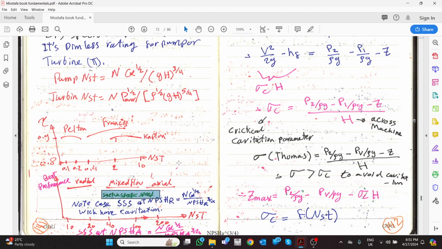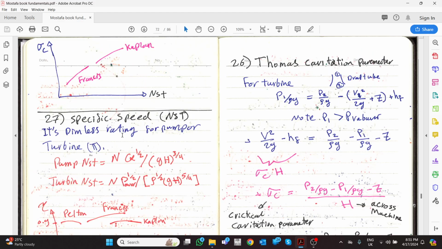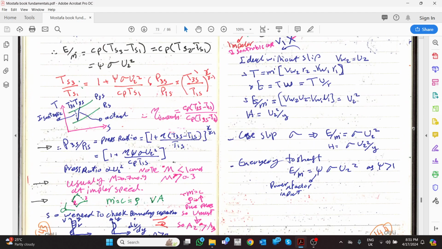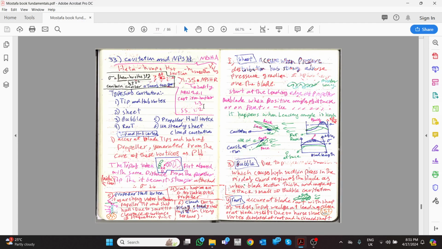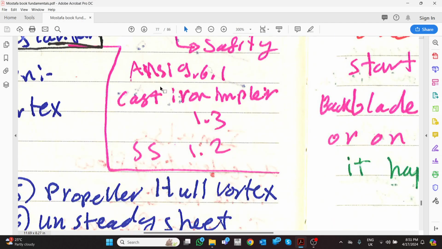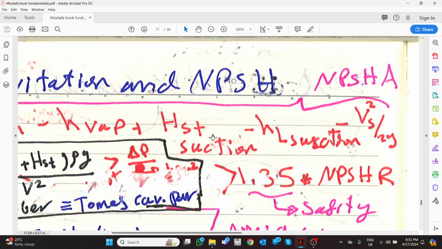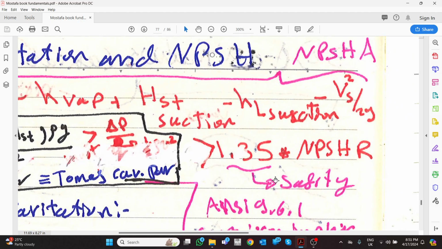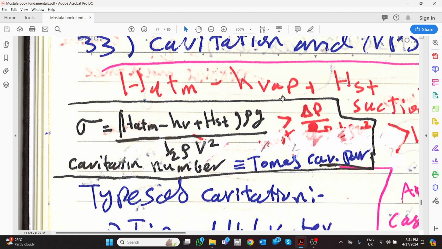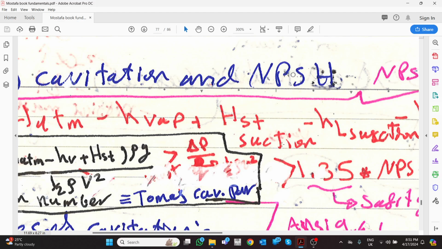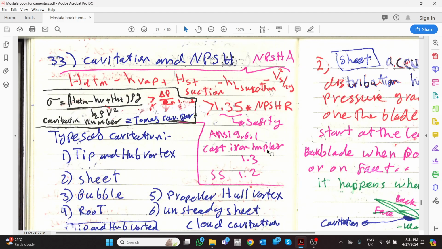However, you can go directly and calculate with the safety factor as per the standards. Like here, as per ANSI 9.6.1, it states that required should be bigger than this one with this number, and if it is stainless steel or cast iron, etc. There are ways to know which one you're going to use.